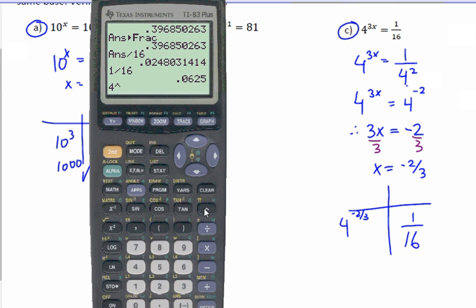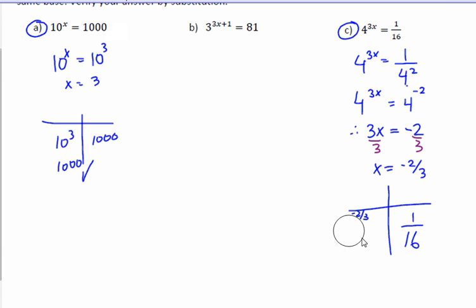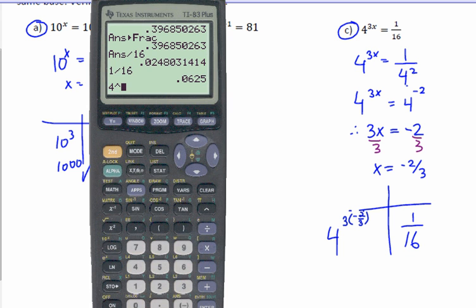So it's 3 times negative 2 over 3. That's better. 3 times x. Let's try this again. 4 to the power of 3 times negative 2 over 3. There you go, which is 1/16.